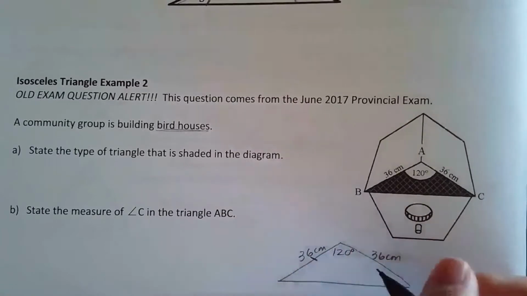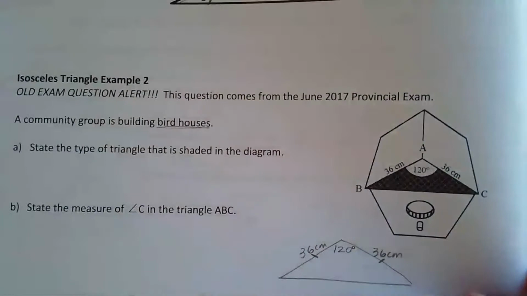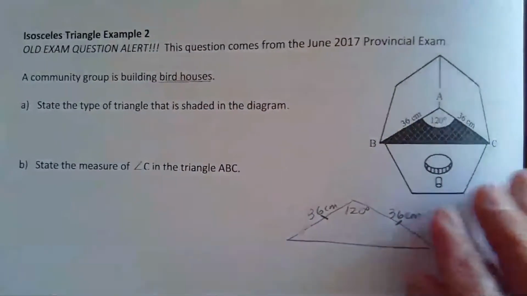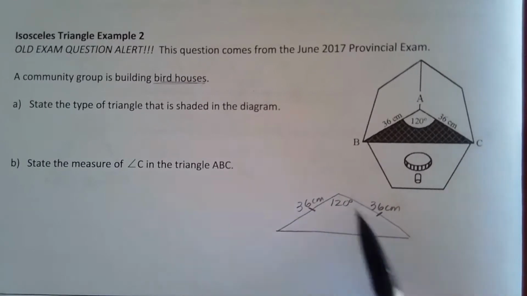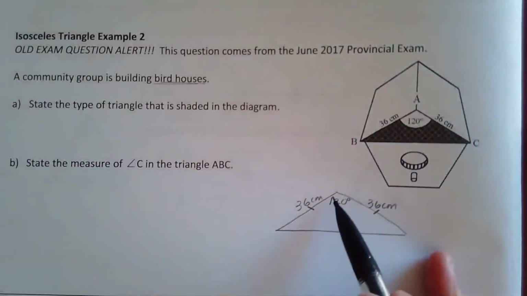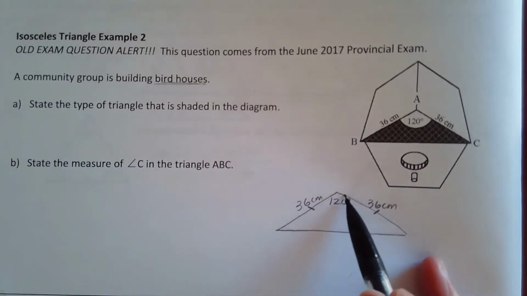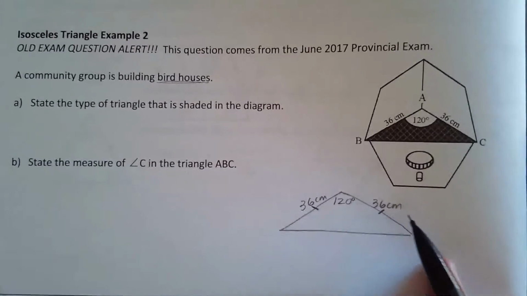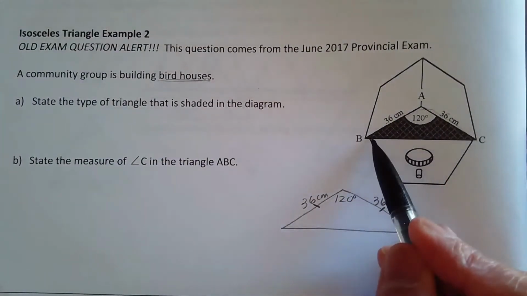So these two sides are the same. These two sides are the same. So what kind of triangle is this? Well, in this particular case, this is 120 degrees, and this is 36 and this is 36.